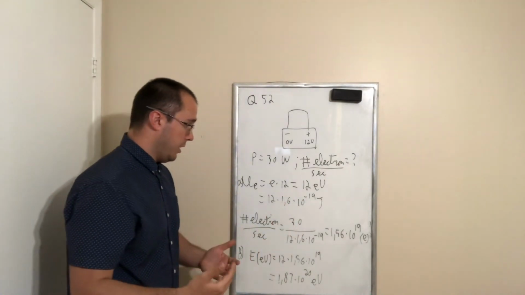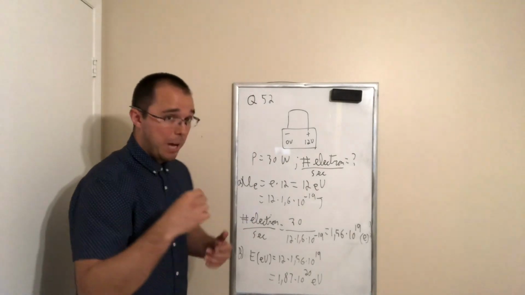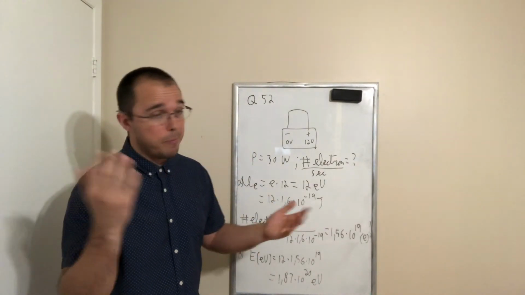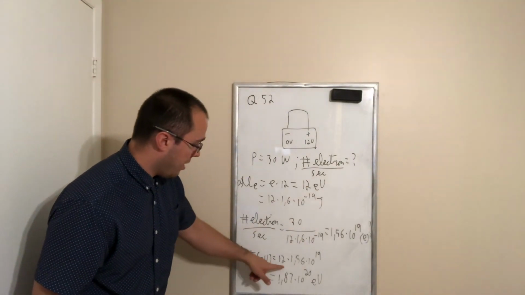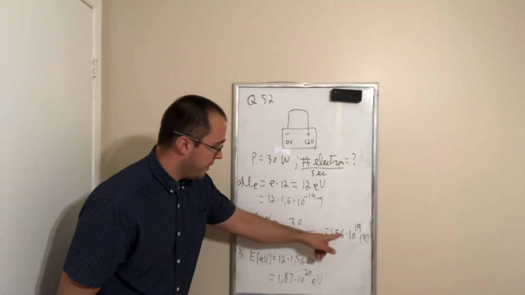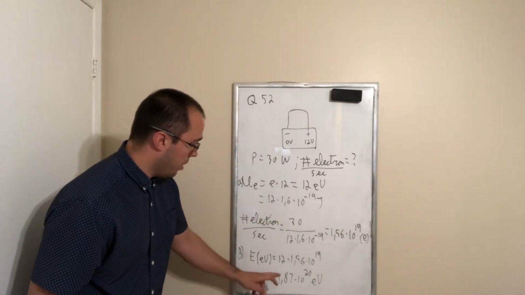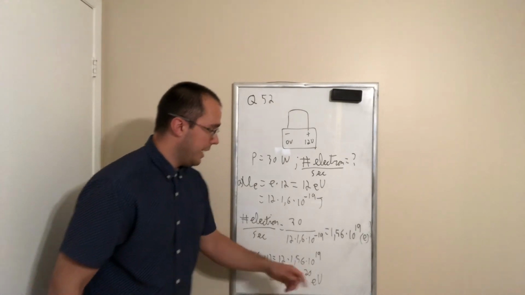So this is really simple. We take the amount of electron per second. We multiply by the time we are asked for, 1 second. This one is fairly straightforward. We multiply by 1. And we multiply by the number of electron volts. So 12 multiplied by 1.56 multiplied by 10 power 19. And we get 1.87 multiplied by 10 power 20 electron volt.